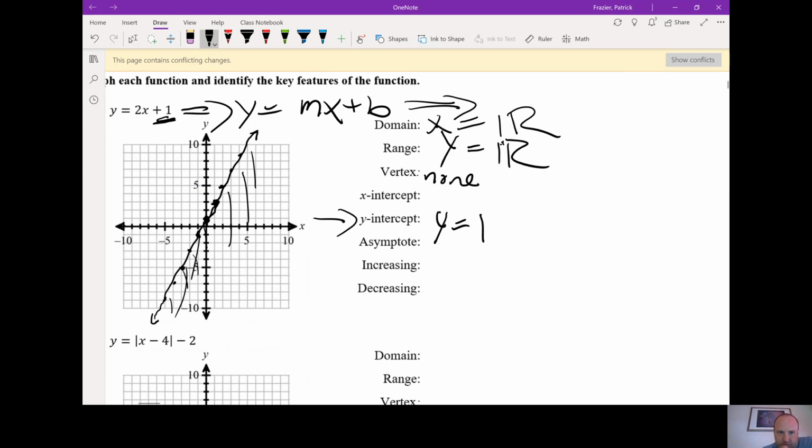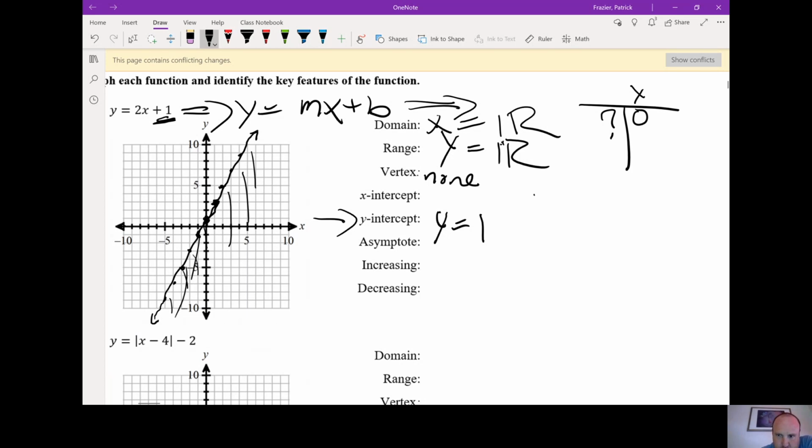Well, instead of plugging in 0 for x, we're going to plug in 0 for y, because the x-intercept is where y equals 0, we're trying to figure out what x is.